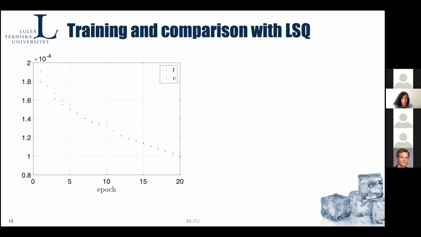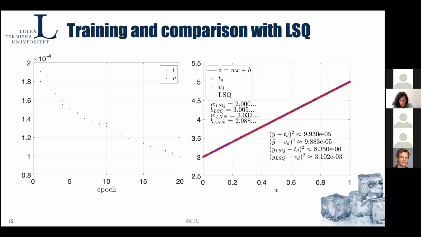We can see that it continues to come down, and we could perhaps continue for a few more epochs without disturbing anything, but it's perhaps not worth it because we are at a quite accurate position after 20 epochs of training. As you can see, if we compare this ANN output to the output of the least square method.